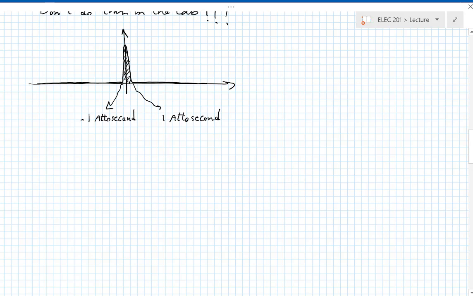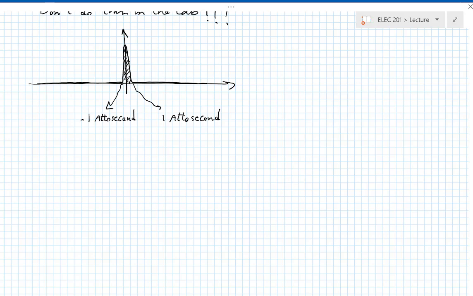Now, the way to think about the delta function is to squeeze this further and further. Bring the two points closer and closer ad infinitum to the axis. And to make up for that, make the height higher and higher while maintaining the integral, the area under the curve. Eventually, well, you will never get to infinity, but if you take the limit, you get infinitely close to the axis on the two sides, the peak has to go infinitely high.